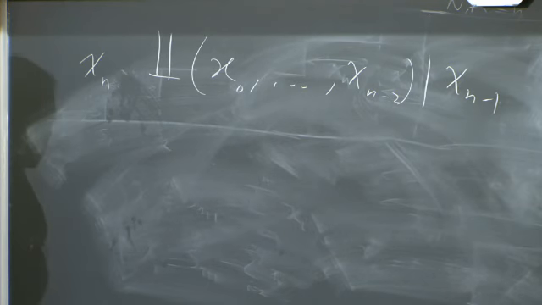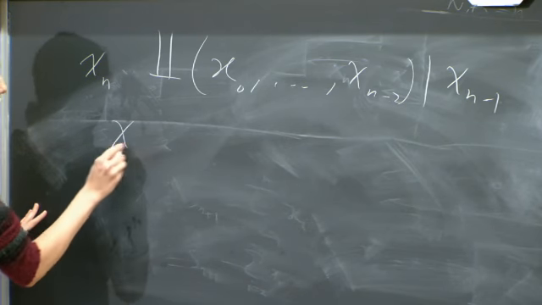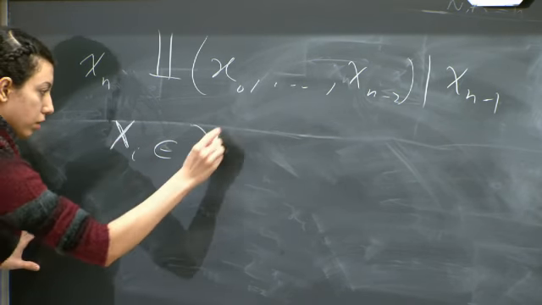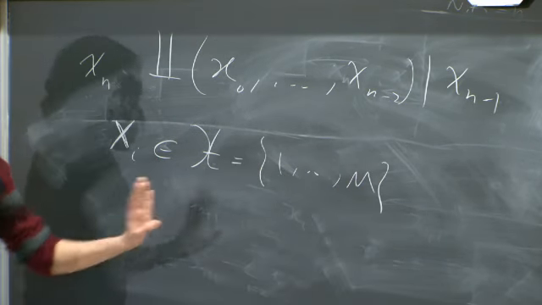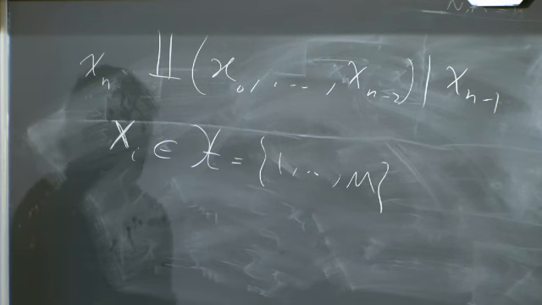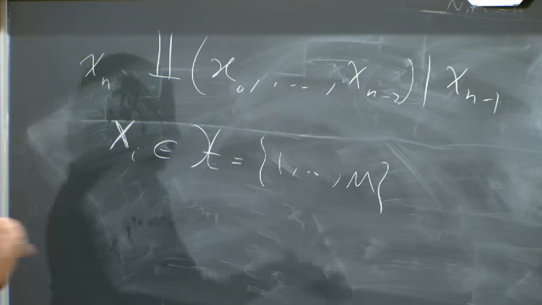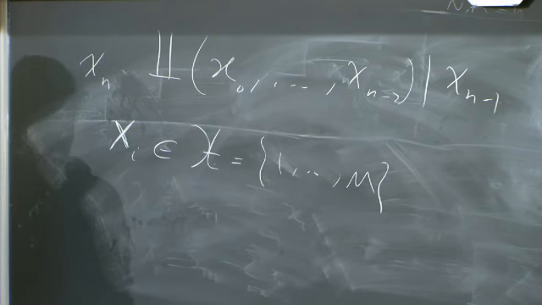So if I know the previous state, and these things are true for all possible states, then whatever the history and the earlier process that I had, I only care about the state that I was in at the previous time. And this is going to show me what is the distribution of the next state.